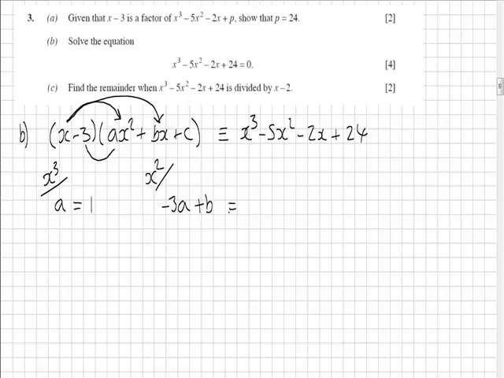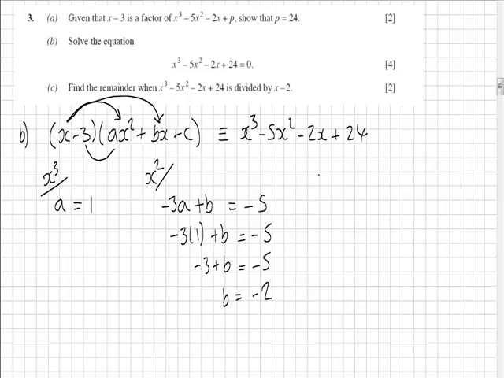On the right hand side, the coefficient of x squared is in fact minus 5. But when we looked at our x cubed, we worked out that a was actually 1. So we have minus 3 times 1 plus b has to equal minus 5. So minus 3 plus b is equal to minus 5. So b, add 3 to both sides, gives us a value of minus 2.